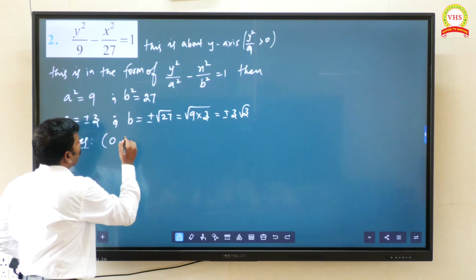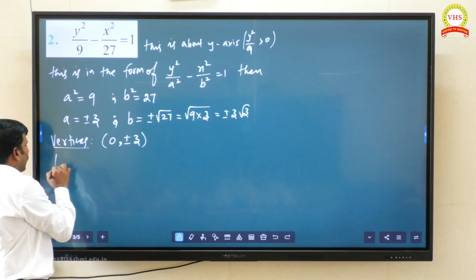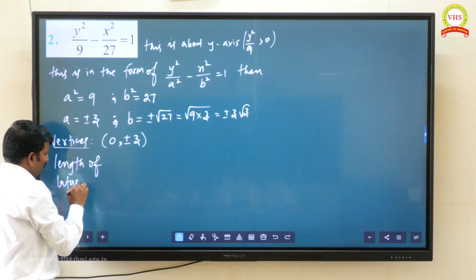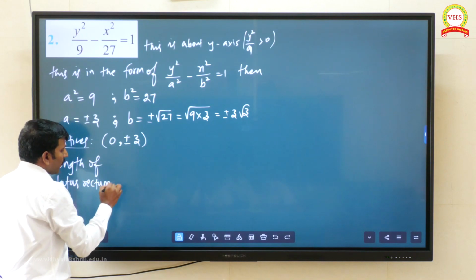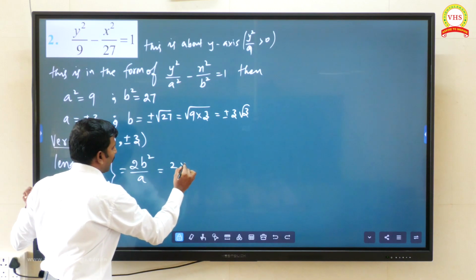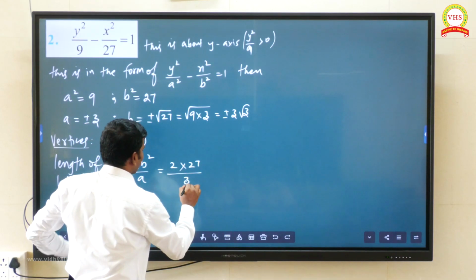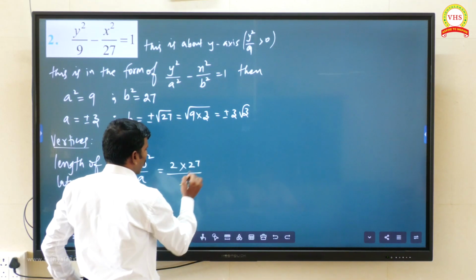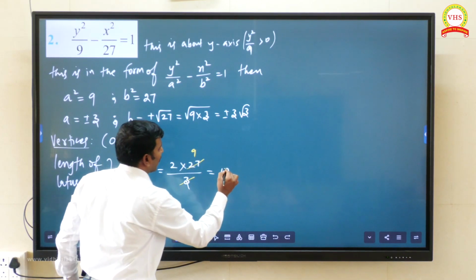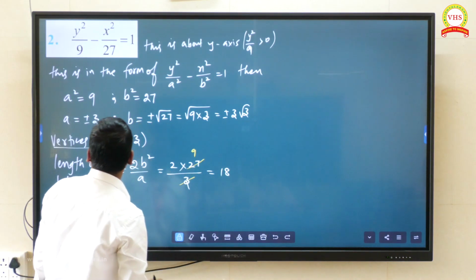So the vertices are 0 comma plus or minus 3, because it's about the y-axis. Next, the length of latus rectum is 2b square divided by a, which is 2 times 27 divided by 9, which is 3. So 2 times 9 is 18. So the length of latus rectum is 18 units.